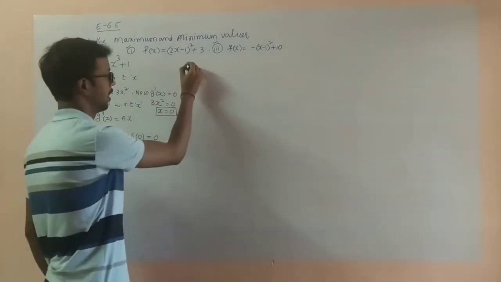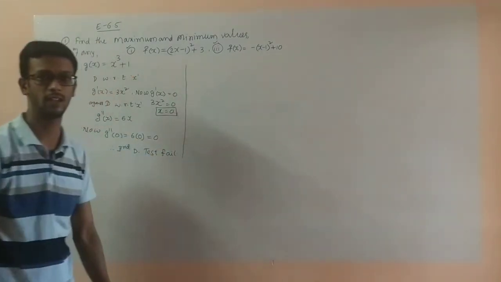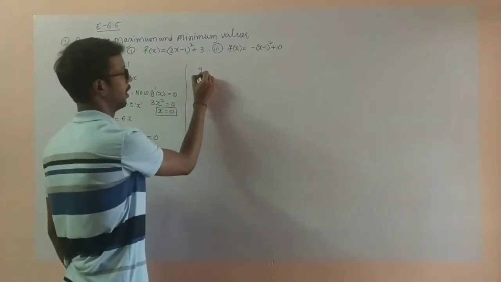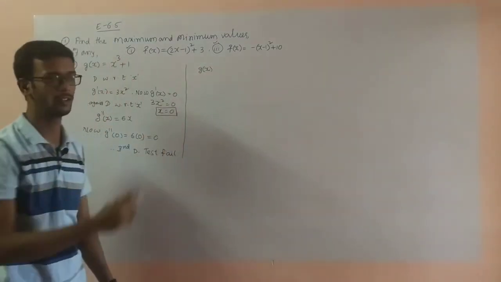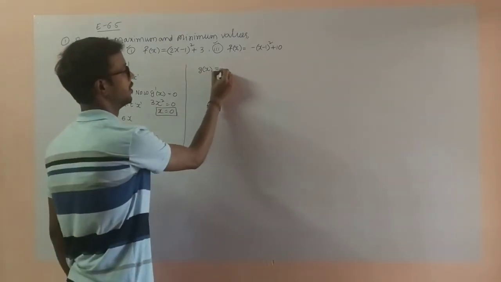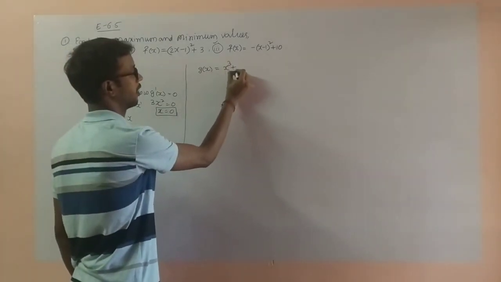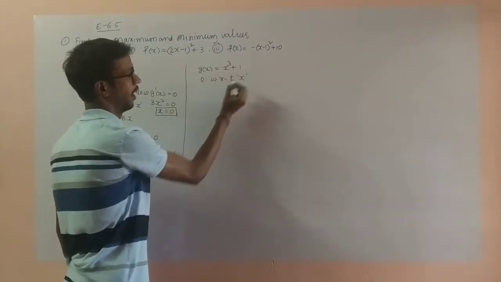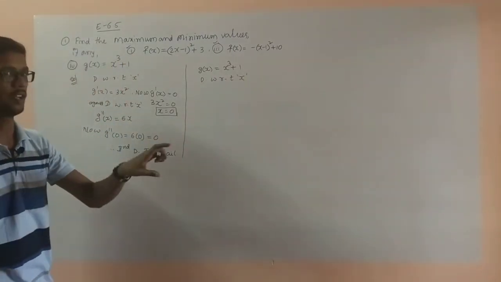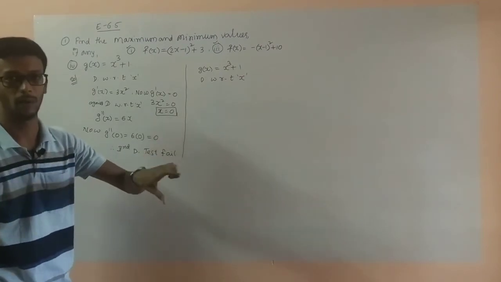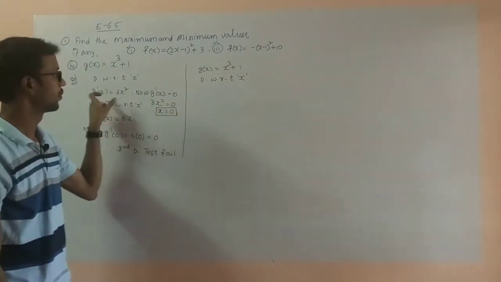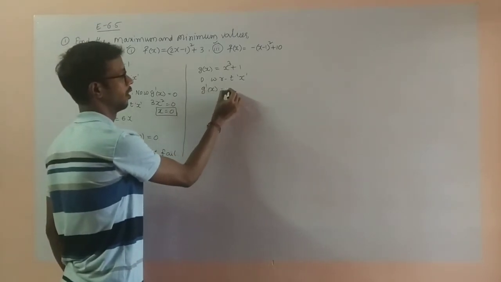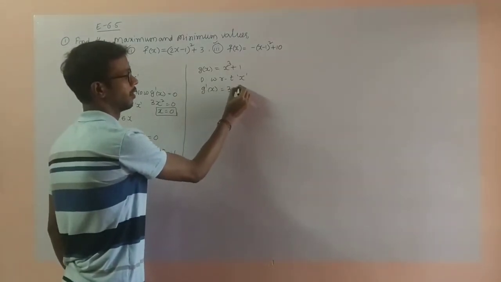What is the first derivative test? Similarly we have to do again, otherwise we can also do this problem directly. g of x is equal to x cube plus 1, derivative with respect to x. Actually there is no need to do this step, but for understanding purposes, since I am explaining only one problem, I am doing it again here. g dash of x is equal to 3x square.